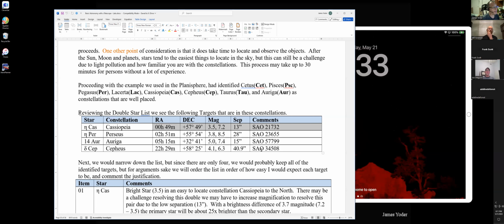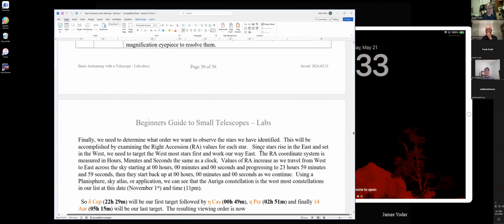Why can't I see it? Then I'll look at the application and say, oh, these are really close together, less than 1 arc second, so that's probably why it's not working out. Or else maybe the other star is quite a bit distant and I just missed it. So that's that process.